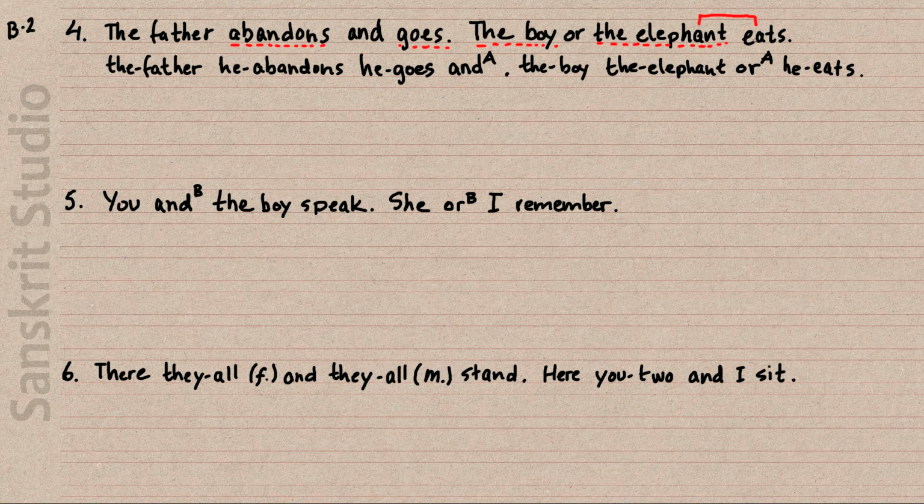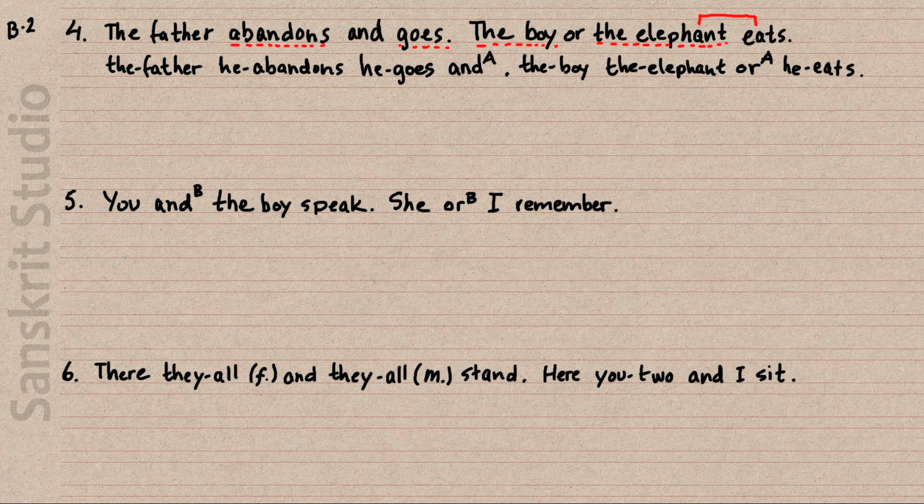And this works exactly the same in English, that if we have an "or", that will happen. So if I say, for instance, the boy or I, then I will use the word "eat".